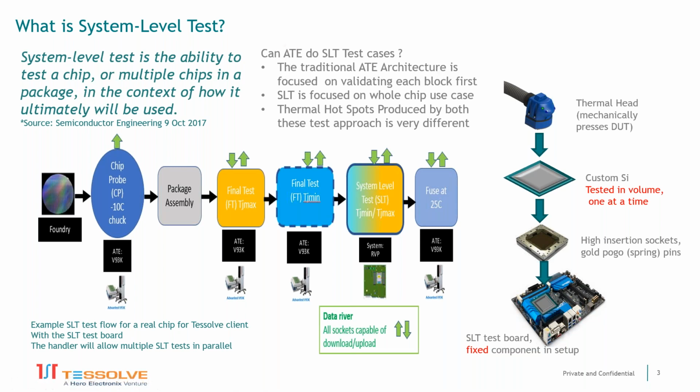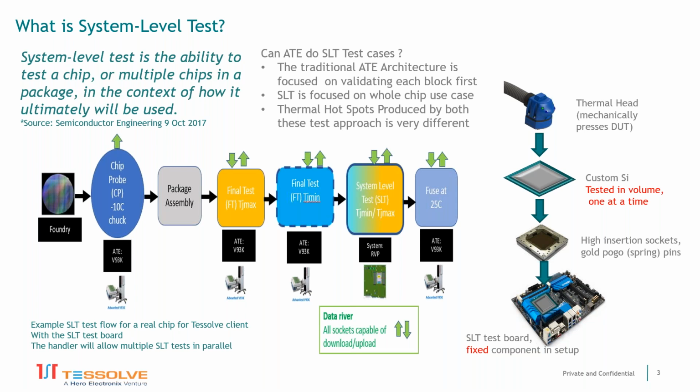And can ATE do system level tests? The automated tests which we're normally thinking of, which are part of the pre-SLT flow, are normally focused on block first. You put your scan chains in, and you scan in your test vectors. You do your single cycle, and then you scan everything out again.